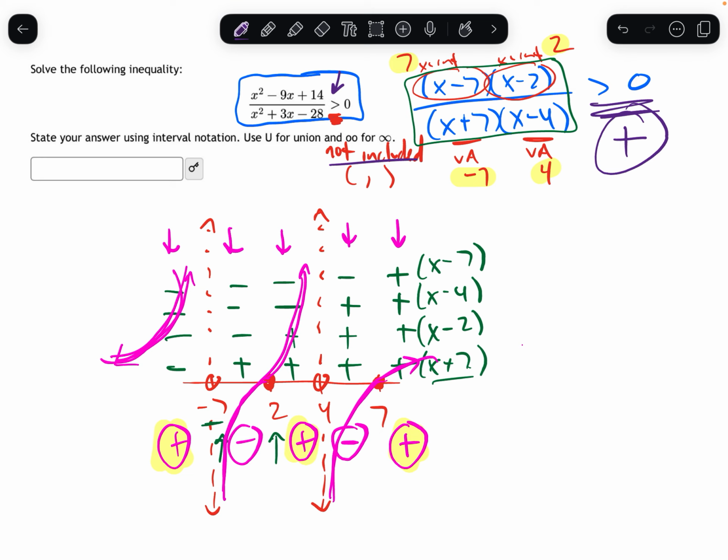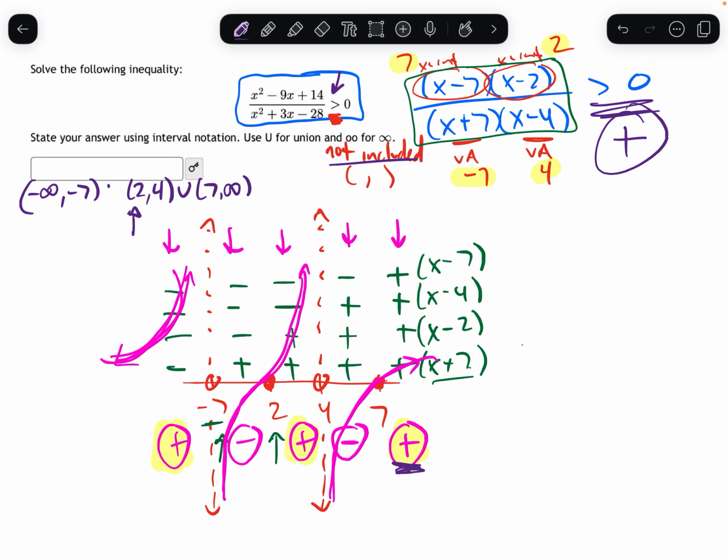So we see that it's positive from negative infinity to negative 7. That's one interval where it's positive. We also see from 2 to 4, it's positive. If this had been a greater than or equal to, then this would have been a bracket here instead. But because it's just the greater than, we leave it as a parentheses. And then finally, the last interval that's positive is 7 to infinity.